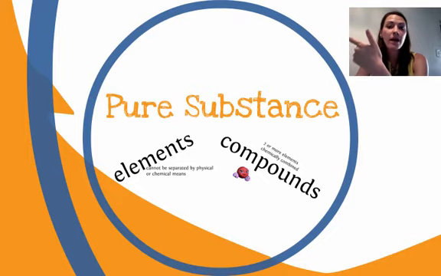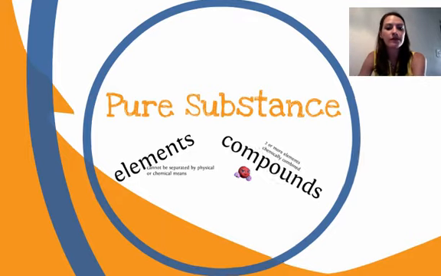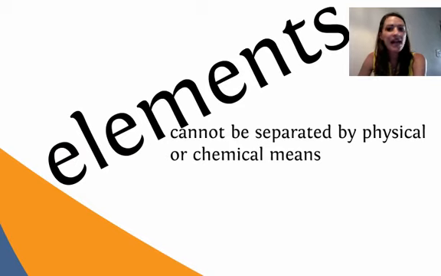Compounds are going to be made up of your elements. So let's define elements first. An element cannot be separated by physical or chemical means. Elements cannot be separated physically or chemically. An example of an element that you guys are probably pretty familiar with is aluminum, right, from aluminum foil.